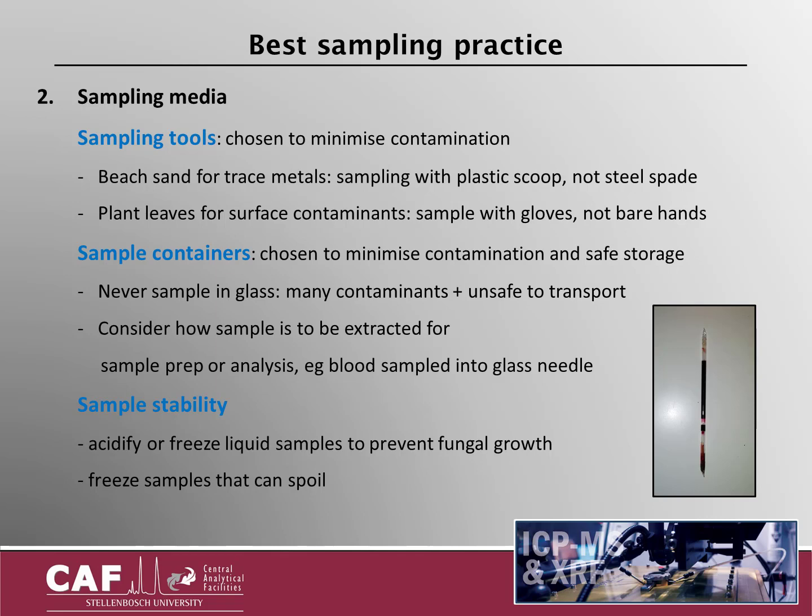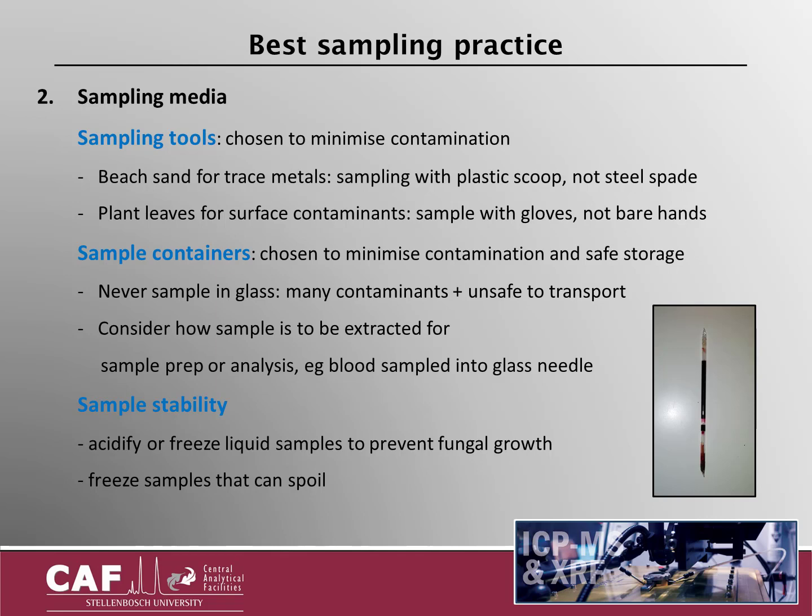The sample containers that you store your samples in must also contribute minimal contamination, and must be safe for storage. So you never place any of your samples in glass because of a huge number of contaminants, and it's unsafe to transport your samples as it can easily break.